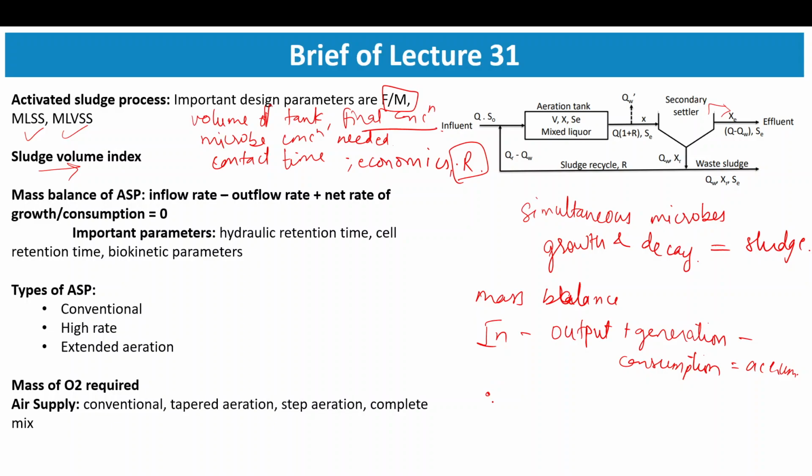Here there will be two types of mass balance: the first is for microbes, and the second is for BOD, or you can say substrate.